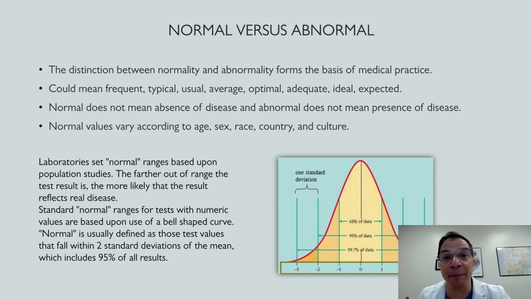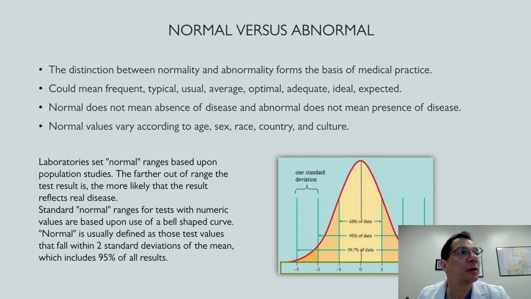Here we have, for example, a population. Let's say we study 1 million people, and we study their cholesterol levels. Most of them are going to be here. Notice that 68% of the population are going to have cholesterol levels, let's say, between maybe 100 and 200, just to say something.